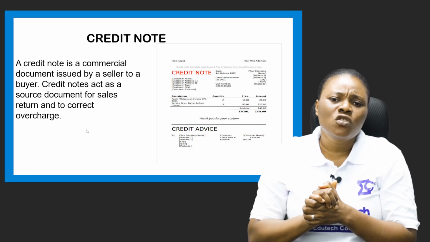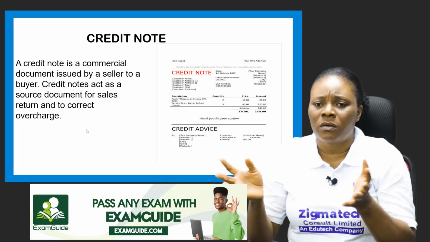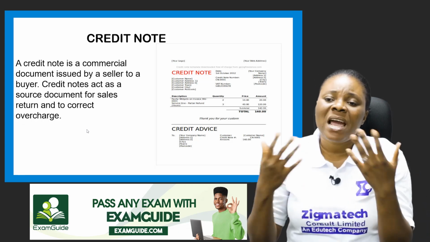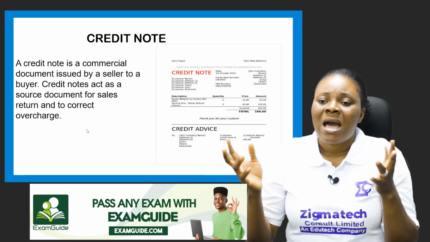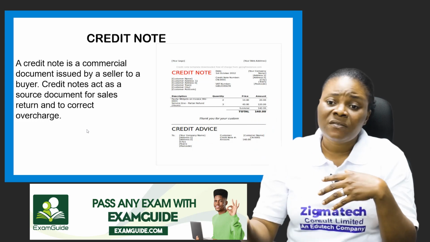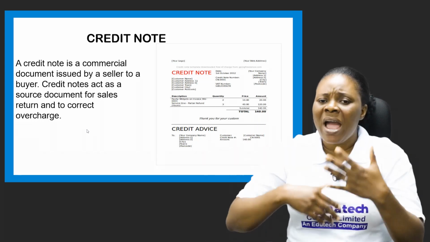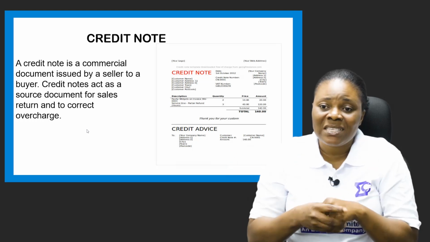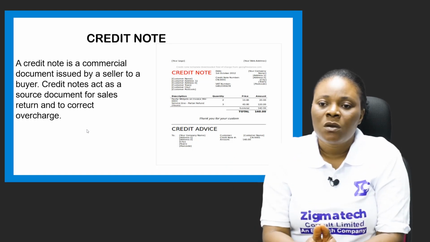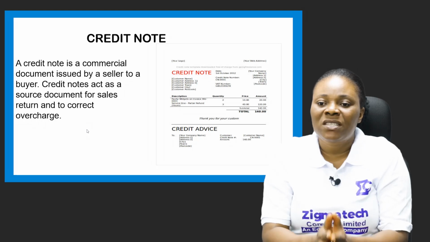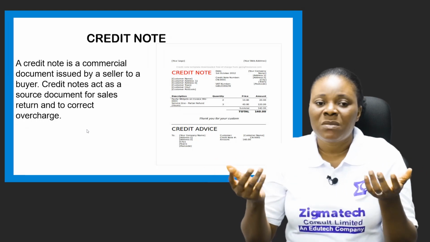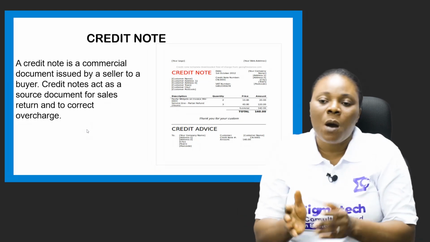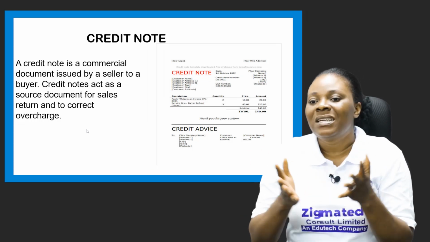Credit notes can also be used for goods returned by the buyer. If, for example, you have supplied goods to a buyer and the buyer has received and even paid, but while checking the product, suddenly realized that one of the goods got damaged while on transit. That means while they were bringing the goods to the buyer, maybe something happened on the road and one of the products got damaged.